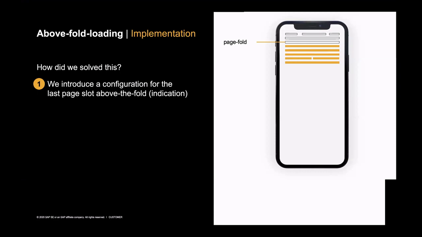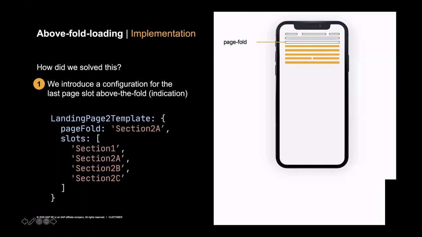It's an indication, so if I'm wrong, it's not a problem. Or if the user has a different window size, it's not a problem. We will load them eventually anyway. But you could say that these above the fold slots will always be prioritized. And this is how you could do that.